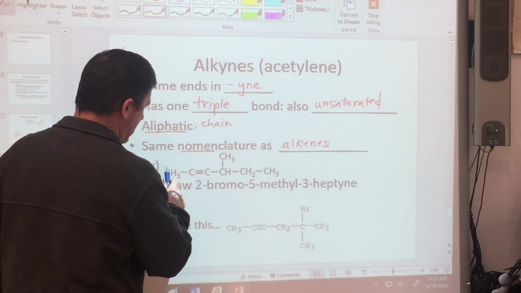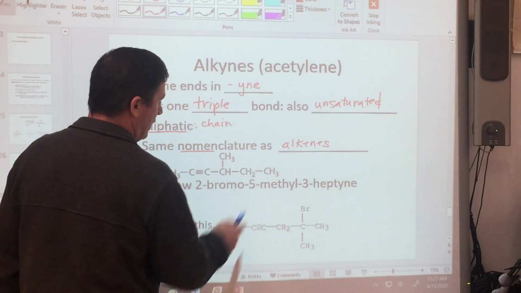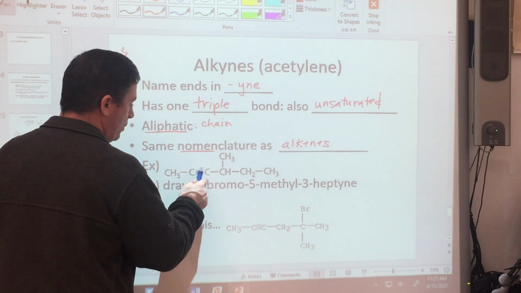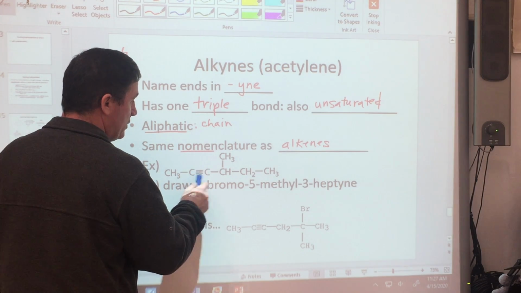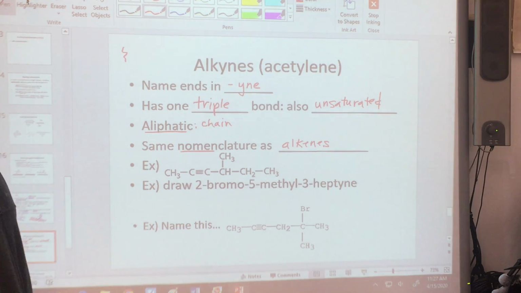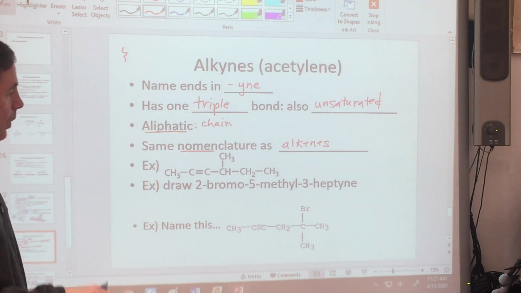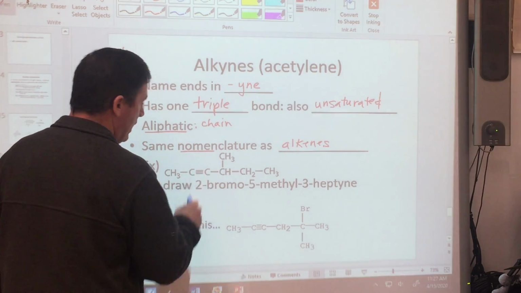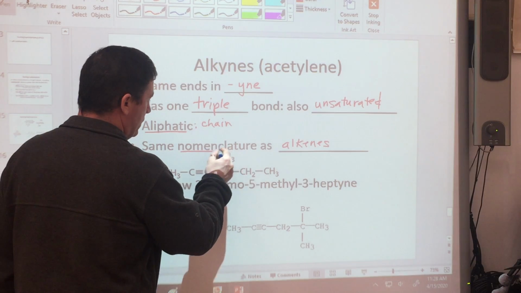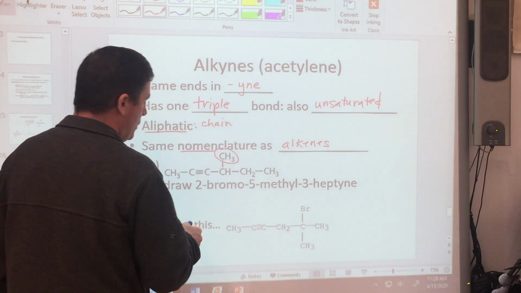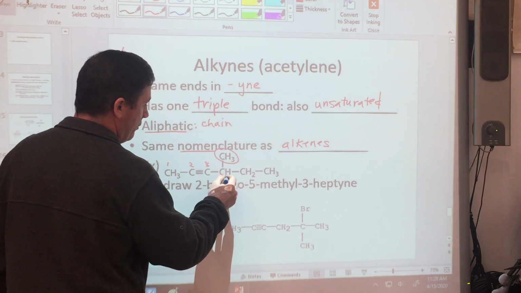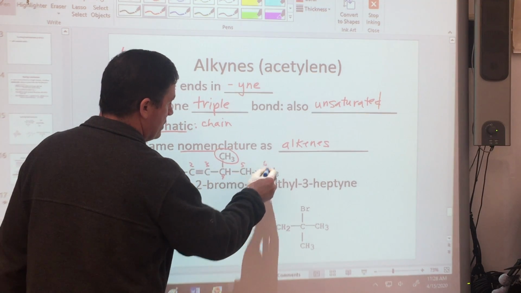What's my long chain? 1, 2, 3, 4, 5, 6. Would it be better to go 1, 2? That's where the triple bond is, or go 1, 2, 3, 4. Well, I want my triple bond to have the lowest number, so this is 2. Are there any substituent groups? Well, here's one right here. What carbon is it on? 1, 2, 3, 4, 5, 6.